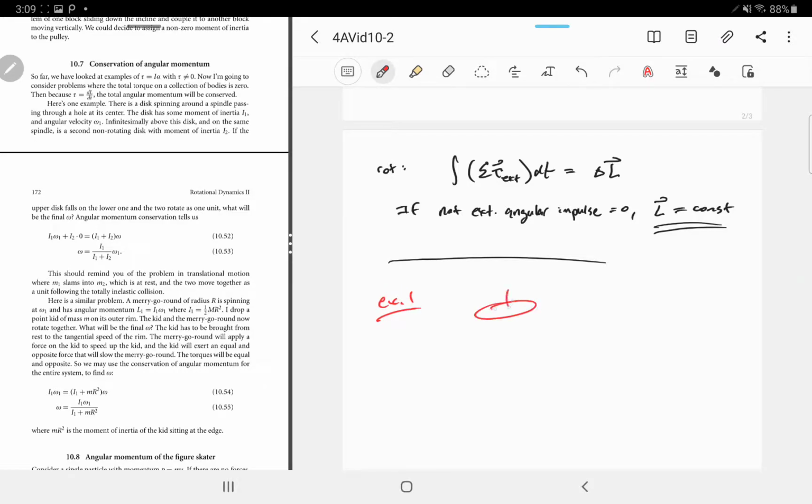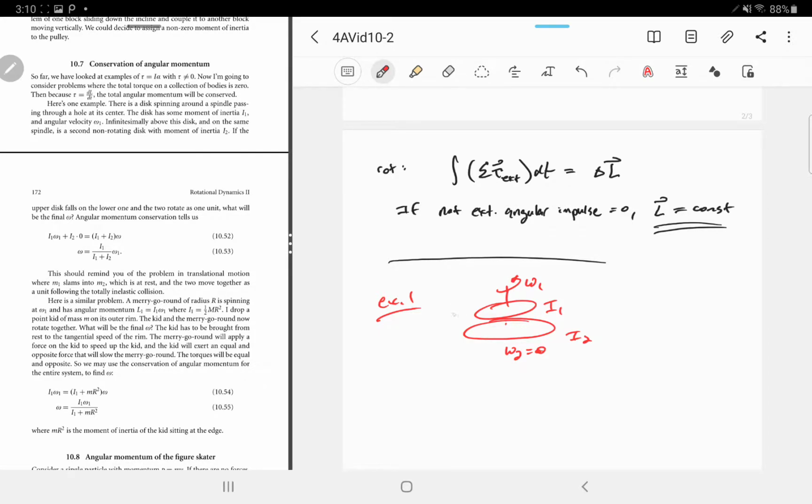You have a disk that's spinning around with some angular speed omega 1. So it's spinning around this axis. And it has a moment of inertia I1. And you drop it onto another disk that's not moving. So omega 2 is equal to 0 initially. And it has moment of inertia I2. And you're supposed to be dropping these on the same axis.